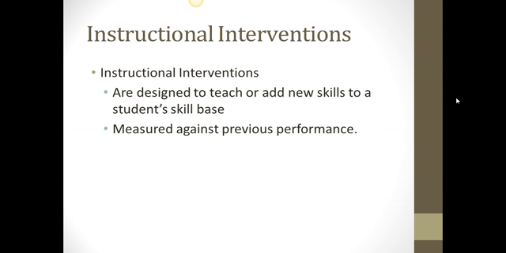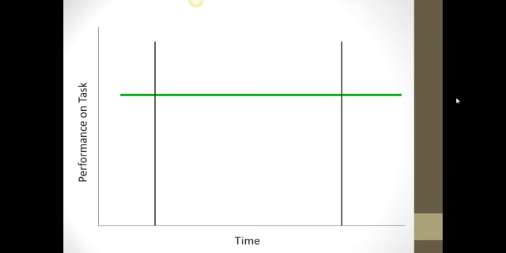So for example, if we are talking about teaching somebody to multiply with greater fluency, so we're teaching basic types of skills, we may start off by taking baseline assessment data, and that baseline assessment data may say they're able to do X amount of problems within a certain amount of time. And we start that, and then we do an intervention.